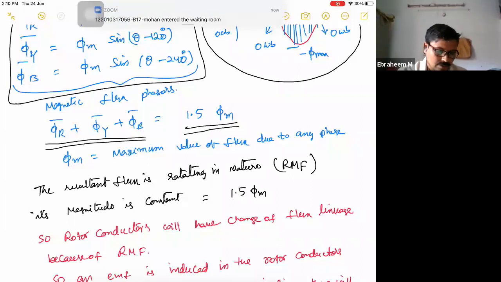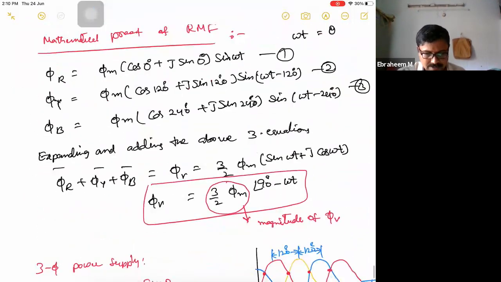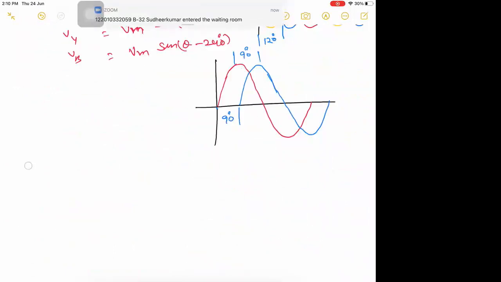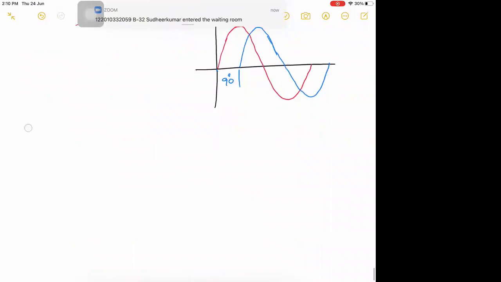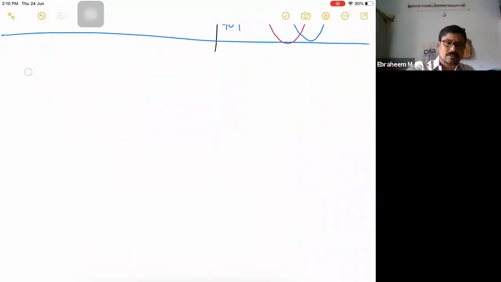Because it is rotating, it has some speed. Did we talk anything about the speed of the rotating magnetic field in yesterday's class? No, sir. Okay, so then let us talk about it in today's class.